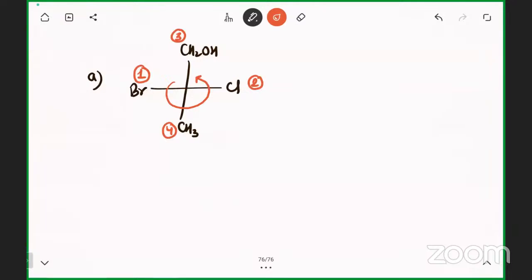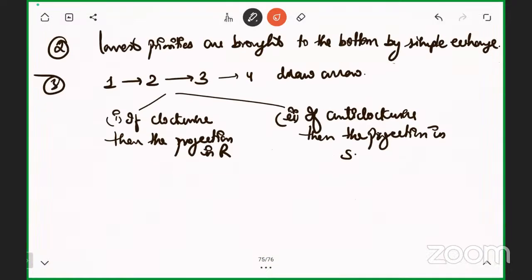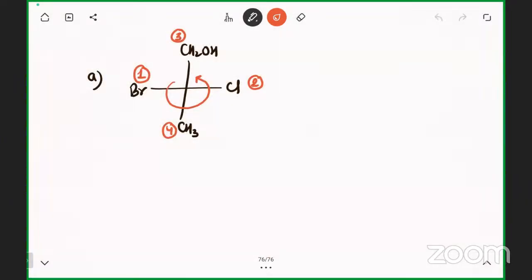If you see from the first, I'm making the arrow and the arrow is going anti-clockwise. And if anti-clockwise rotation, the projection is known as S. Am I audible or not? Anti-clockwise, S. Clockwise, R.